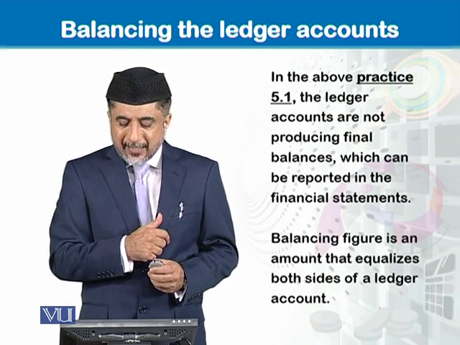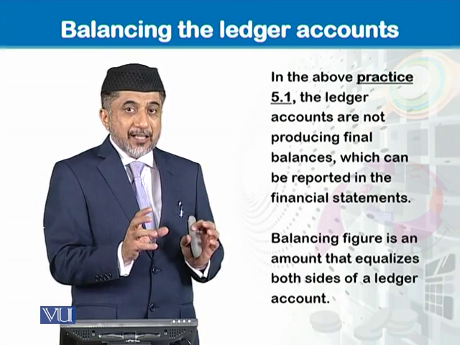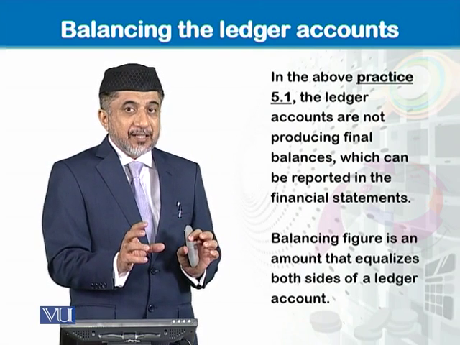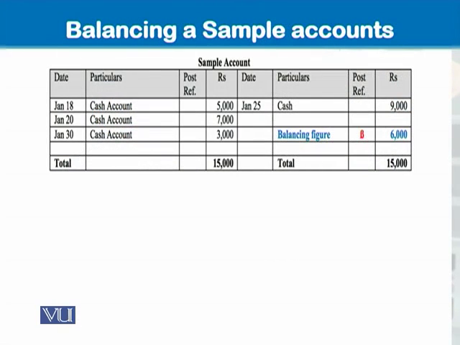Balancing is an amount that in fact equalizes both sides of the ledger account. So we can observe the total of this sample account is 15,000 under both sides.